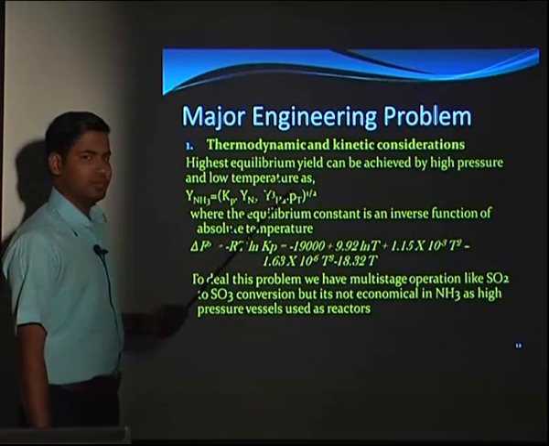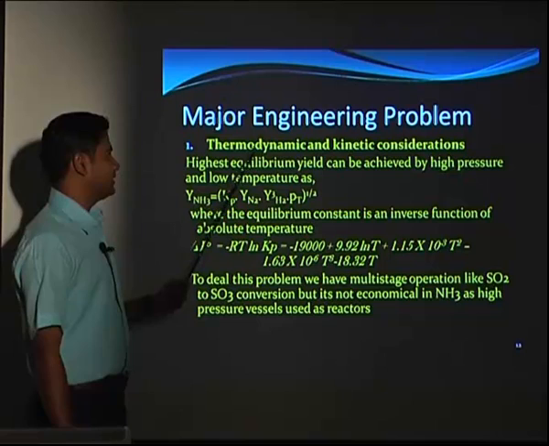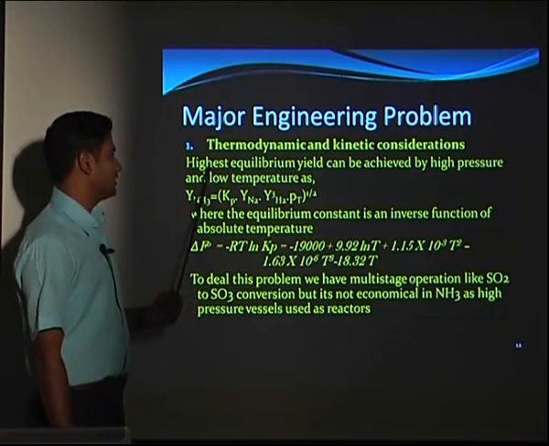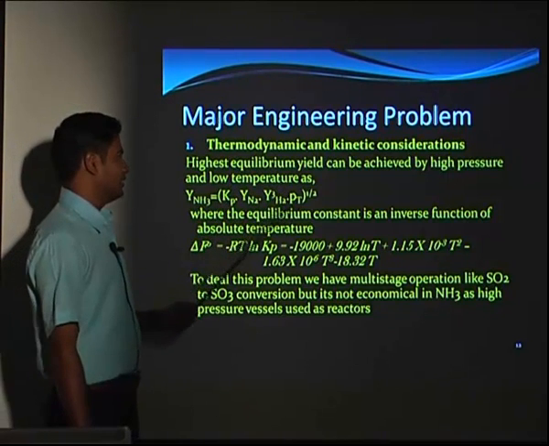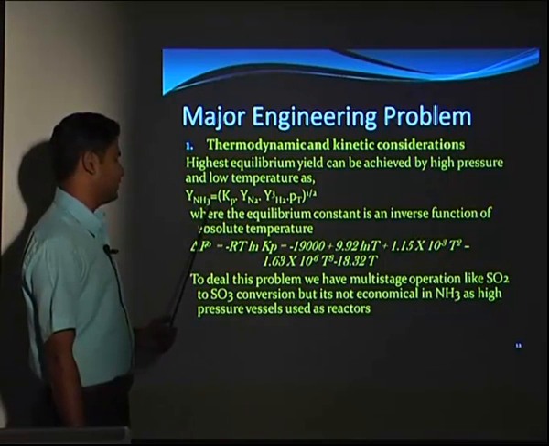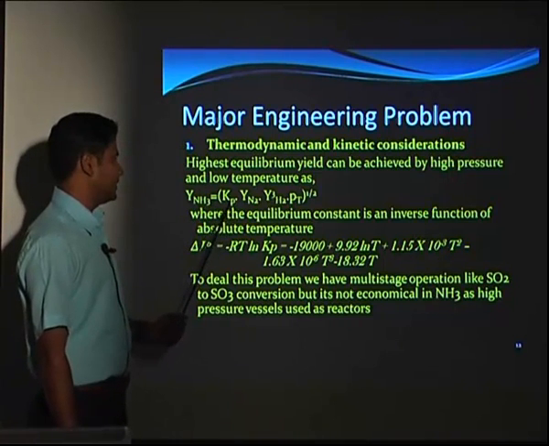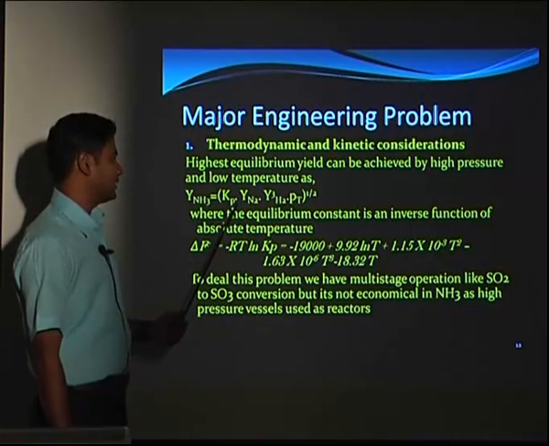So what is the major engineering problem in this process? If we see the thermodynamic and kinetic considerations, the highest equilibrium yield can be achieved by high pressure and low temperature. So this is given by this equation. So the yield of ammonia, here we can see, is a function of pressure and temperature.